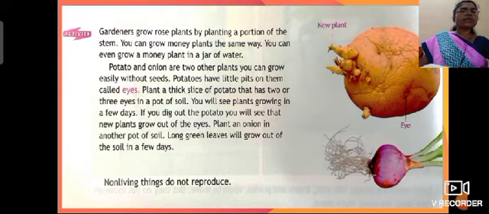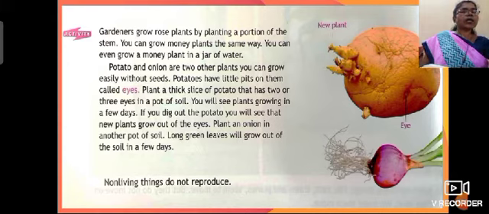Potatoes have little bits on them called eyes. Plant a thick slice of potato that has two or three eyes in a pot of soil. You will see plants growing in a few days. Then if you dig out a potato, you will see that new plants grow out of the eyes.